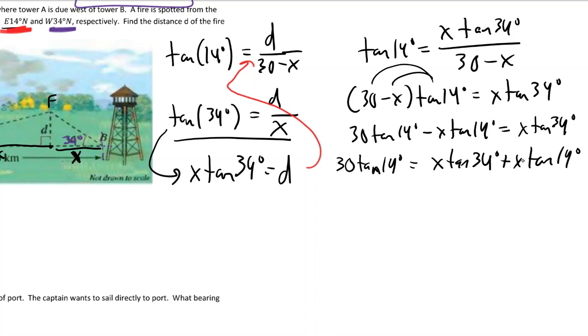Now, these are like terms, but they're not something I can do in my head. If this was 5x plus 3x, I could quickly say that's 8x. But since this is some weird decimal of x's plus some other weird decimal of x's, I can't do that in my head. So the next best thing is a GCF. They both have an x, so let's factor that out.